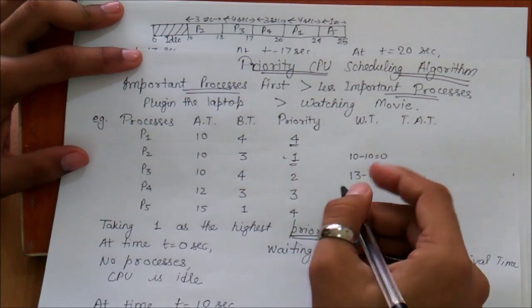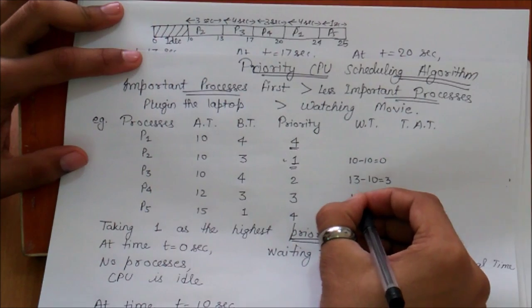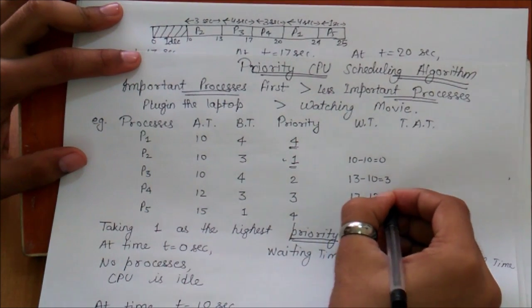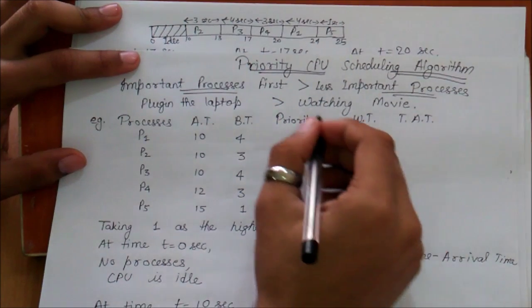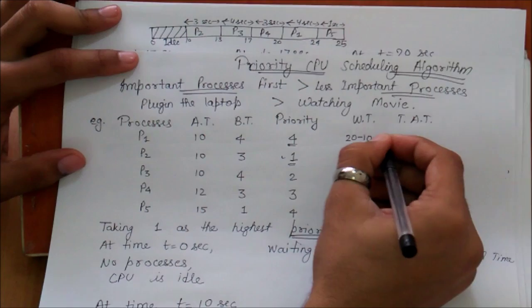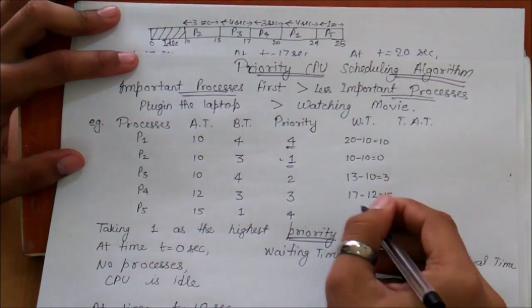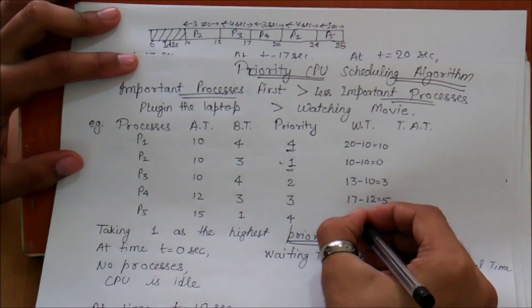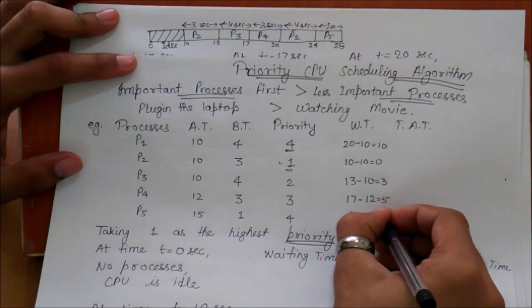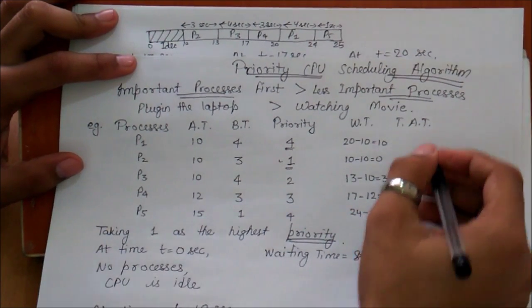After that P4 was started at 17, so 17 minus the arrival time 12, that is equal to 5. After that P1 was executed at 20, so 20 minus 10, that is 10. And after that P5 was executed the last at 24 seconds minus the arrival time, that is equal to 9.